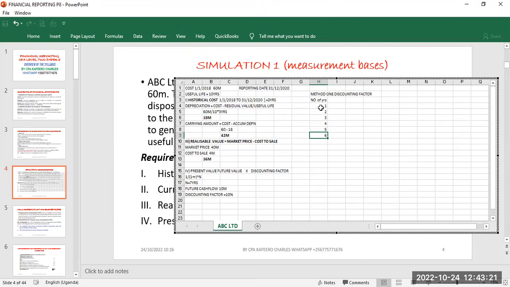We're receiving for the 7 years. Then we have the cash flow, or that future cash flow. The cash flow is, we are receiving 10 million every year for the 7 years. This one we are working in millions.